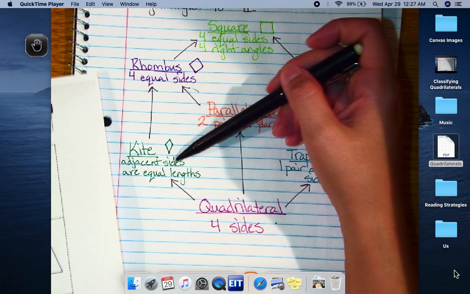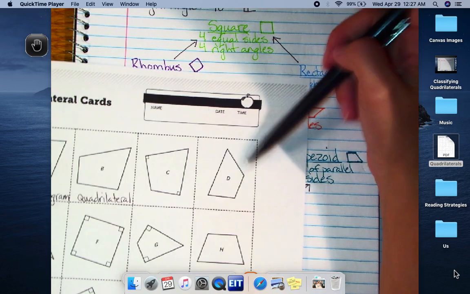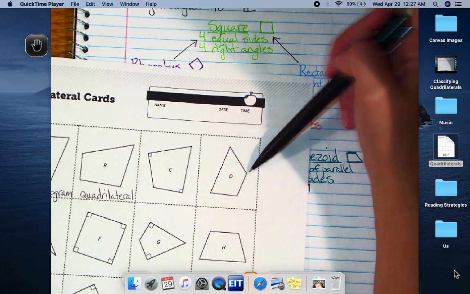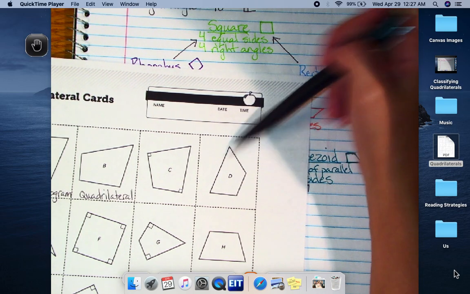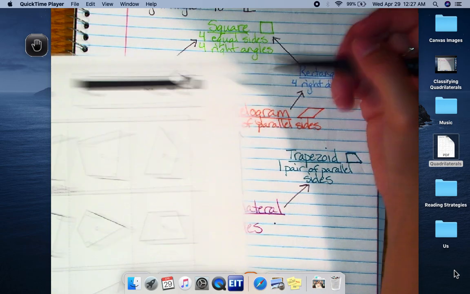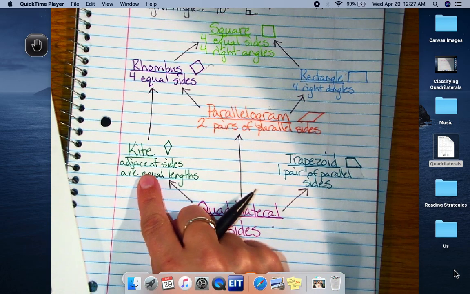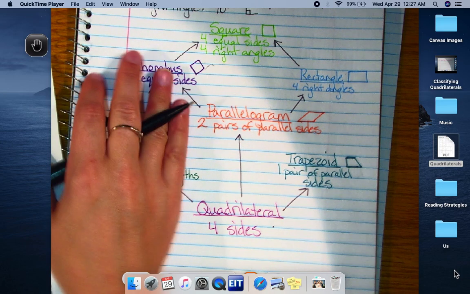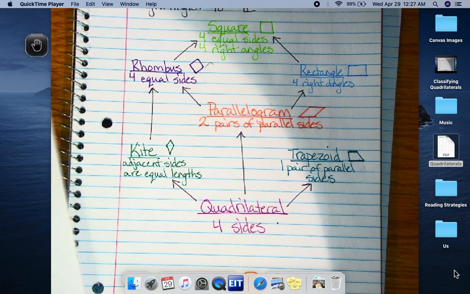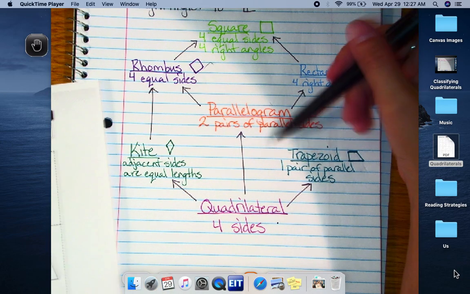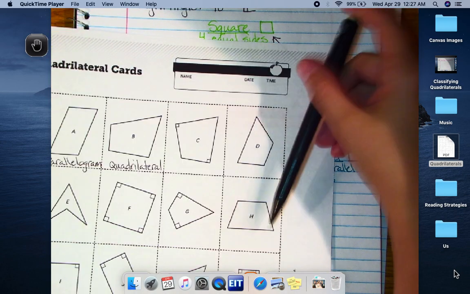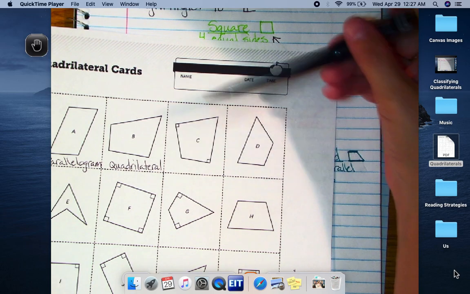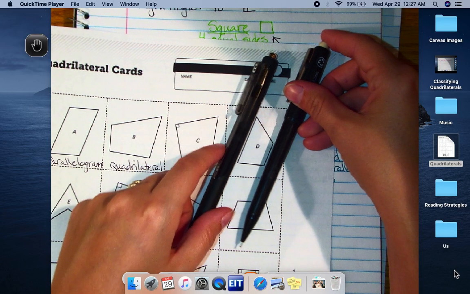Are the adjacent sides equal lengths? These look close to equal, but the rest definitely don't. So I'm going to say no, it's not a kite, so that stopped there. Does it have 2 pairs of parallel sides? Well, these definitely look parallel.